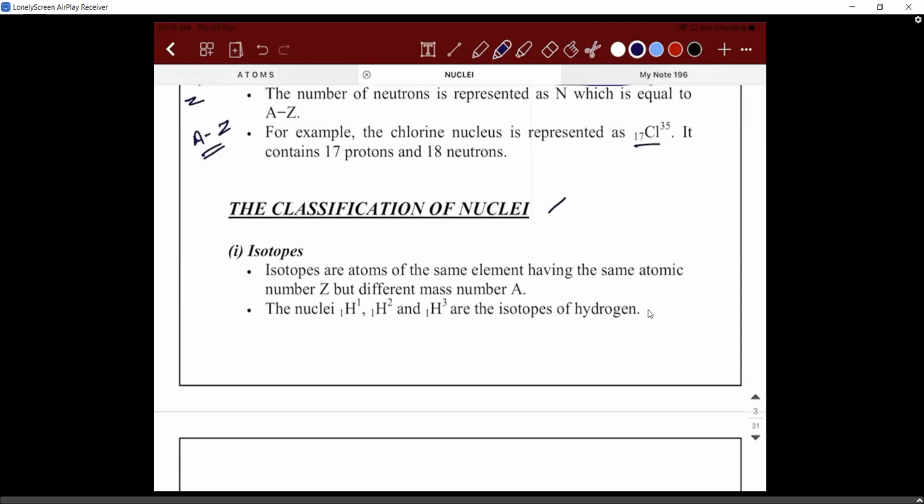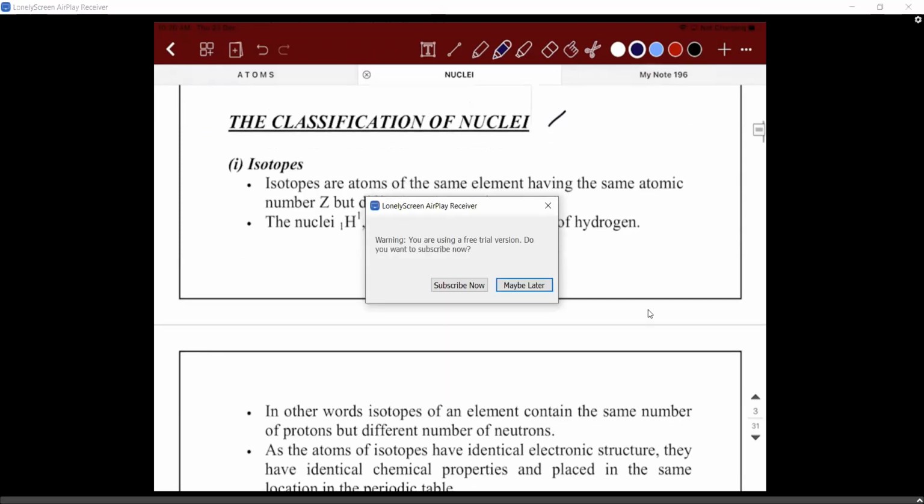So what are the classifications of nuclei? Nuclei are basically classified as isotopes, isobars, and isotones. So what are isotopes? Iso means same. Isotopes are elements which have the same atomic number, meaning the same number of protons, but different mass number.